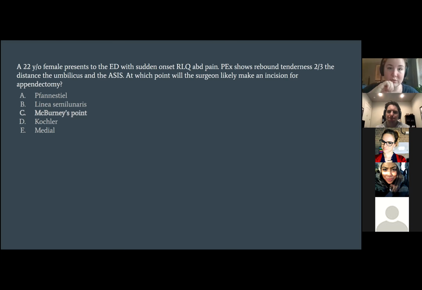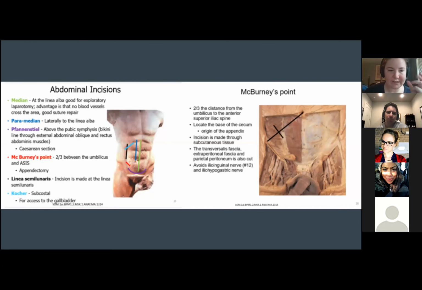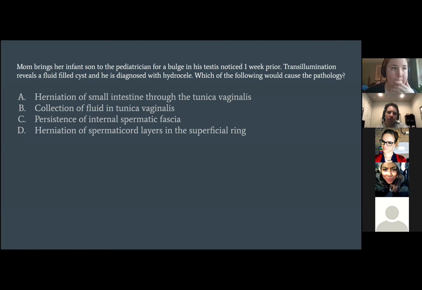If it's an exception, you should 100% know it because that's very testable, but also the not so in your face examples. McBurney's is an in your face example. We all know it, it's easy, but make sure you understand all of the others too, because they'll throw an appendicitis in there, but they'll probably throw something else in there too. So don't fall into that trap. But this is just the slides that are associated with that.